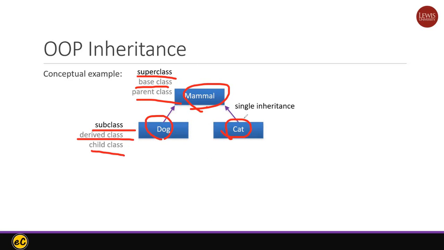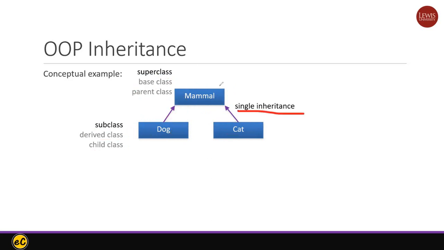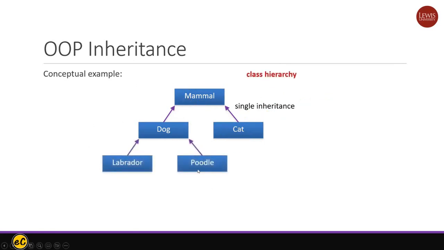This is single inheritance. Single inheritance means that cat only inherits mammal, but sometimes your cat can inherit two parent classes. Then that's called multiple inheritance.